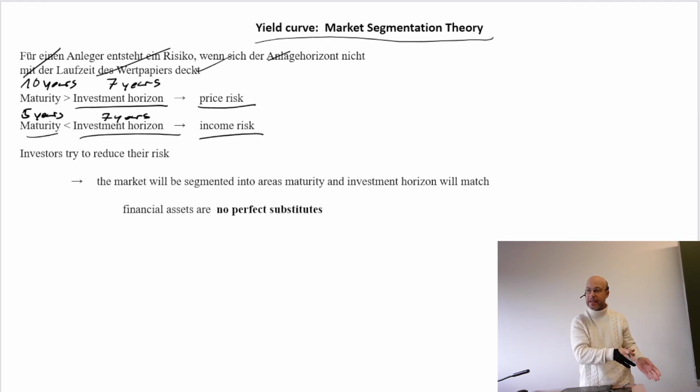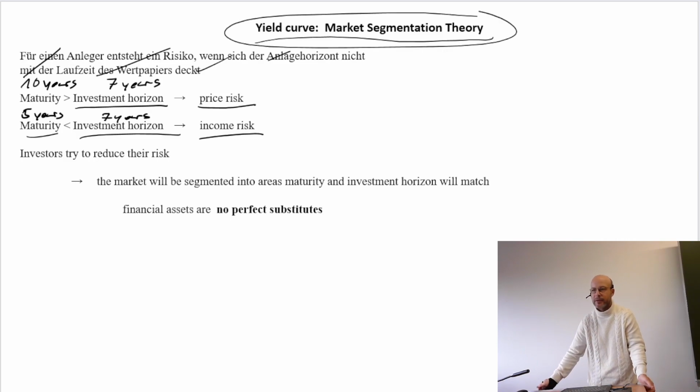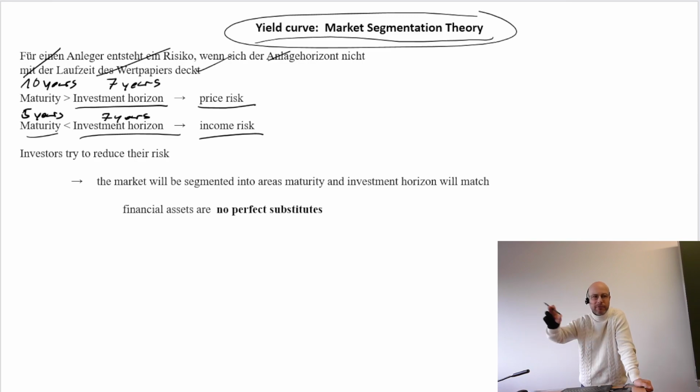But if we look at the data, this market segmentation is not really found in practice. But it is also an argumentation where you can argue that you have different interest rates for different maturities.